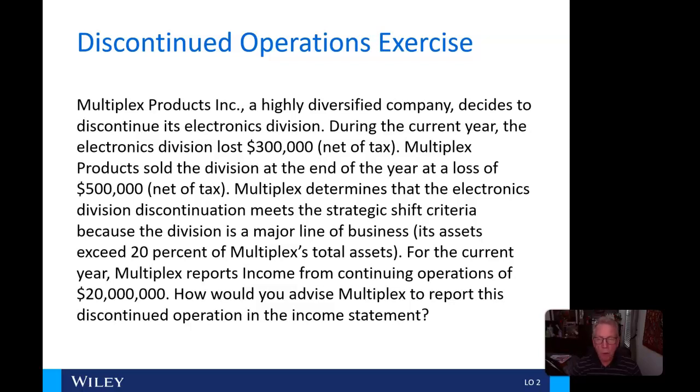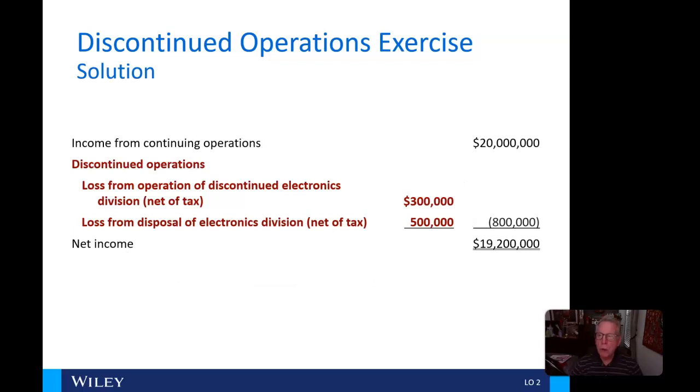Okay, for the current year, it reports income from continuing operations of $20 million. How would you advise Multiplex to report this discontinued operation in the income statement? Well, this is how we would do it. We would have our income from continuing operations here at 20 million. And then we have a category or a component called discontinued operations.